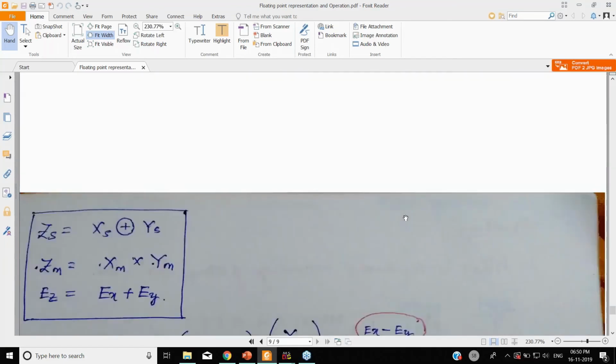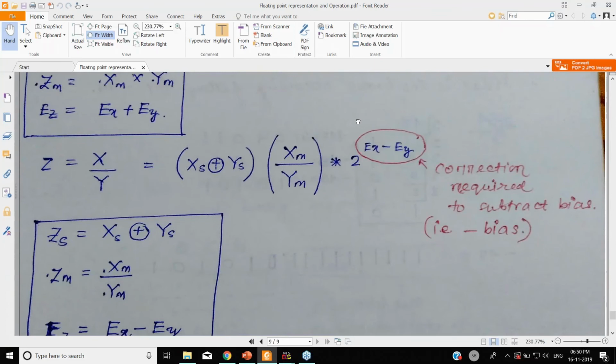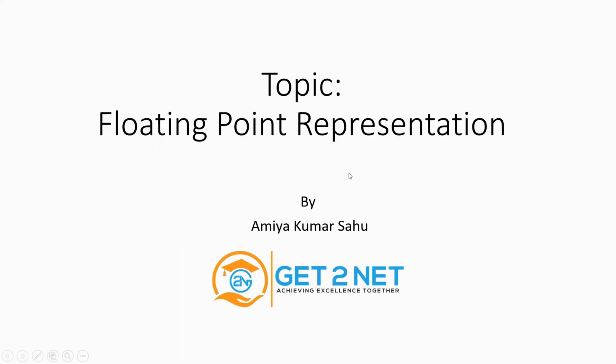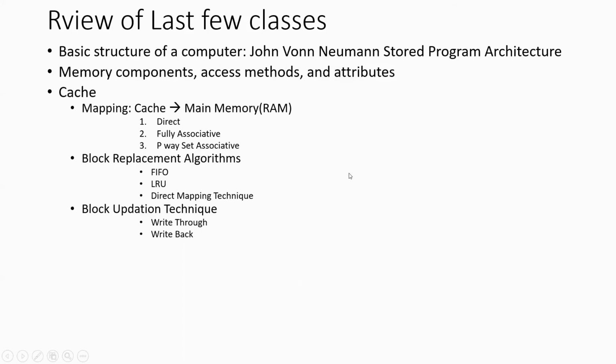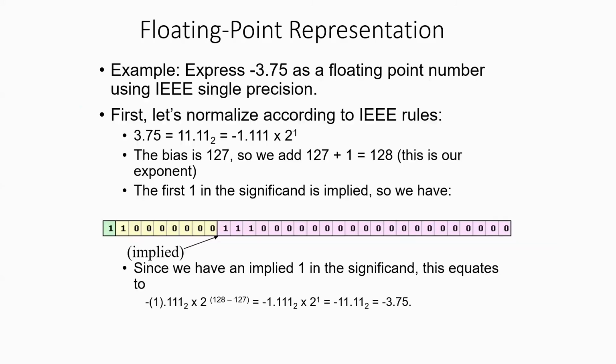So what we have covered so far: we have seen the floating point representation, which has sign bit, exponent, and significand. We evaluated its real value with an example of a C program and saw how theory is related to practice.